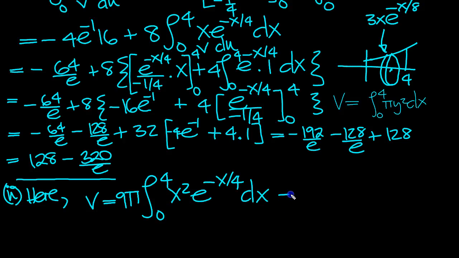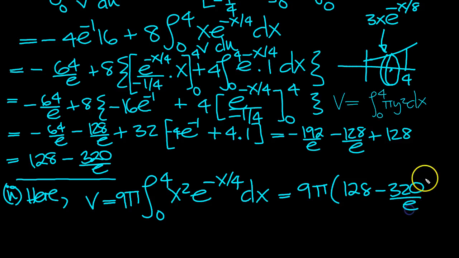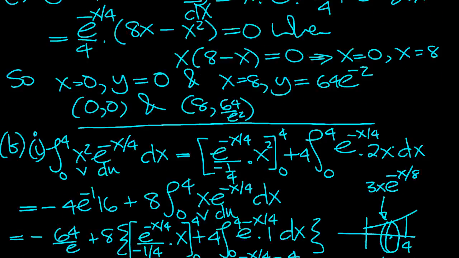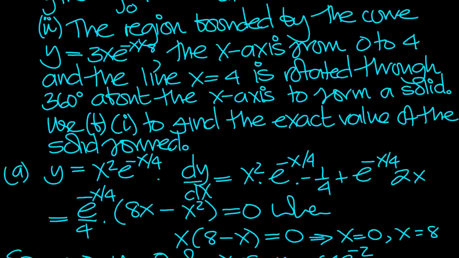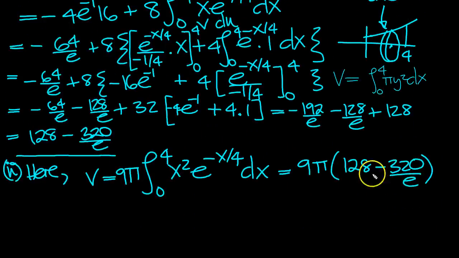Now I've worked out that integral. So it's 9 pi times the integral, which was what we had in the previous section, 128 minus 320 over e. What does the question actually ask for? Exact value of the solid formed. So what's common here? Is a 16 common? Looks like a 16 is common. This is 16 times 8, isn't it? And this is 16 times 20.